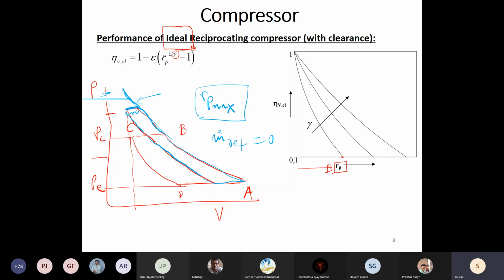It will just compress the gas trapped in the clearance volume and re-expand, compress and re-expand. So no additional vapor is sucked in from the evaporator, and no vapor is discharged to the condenser. That is the maximum pressure ratio. It depends on your clearance ratio and your gamma, or if it is a polytropic process, then the polytropic constant n.